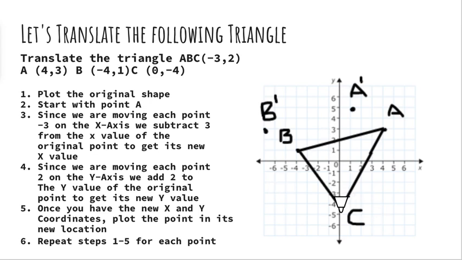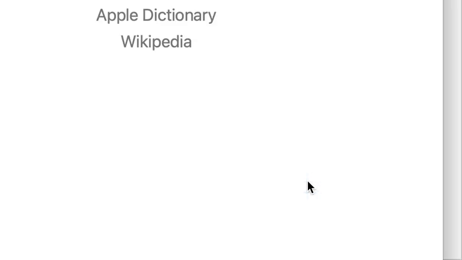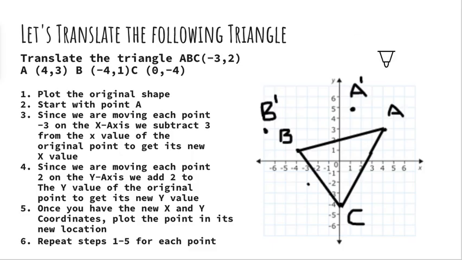Now lastly, I'm going to do C. Once again, we have to move it 3 to the left, 1, 2, 3 to the left, and then 1, 2 up. There's our new point. I've got to mark it. Oh, I did it again.